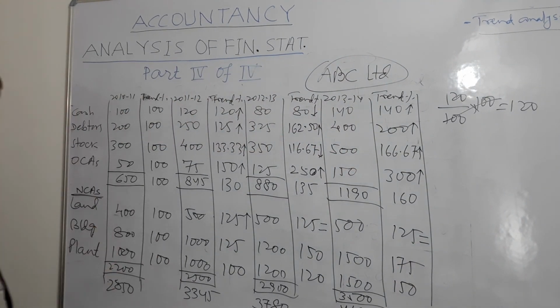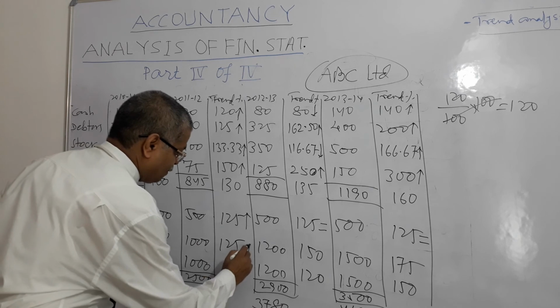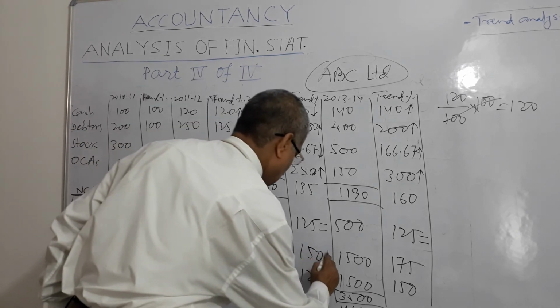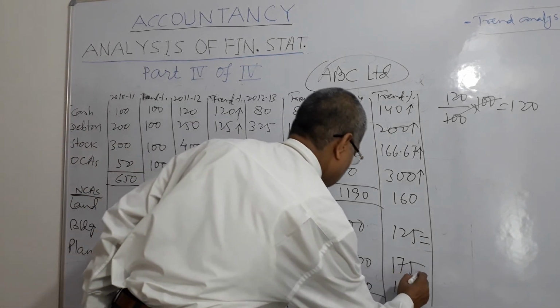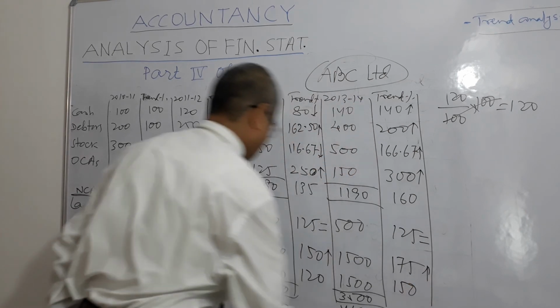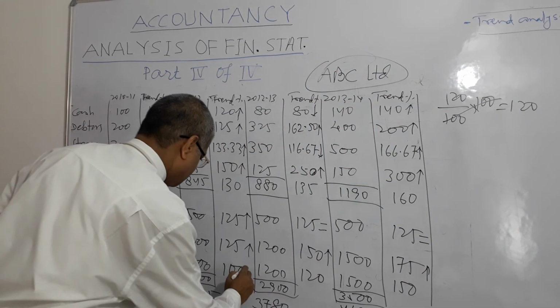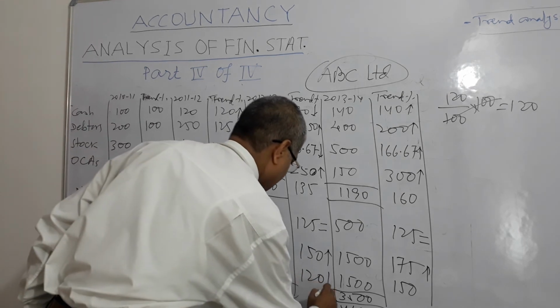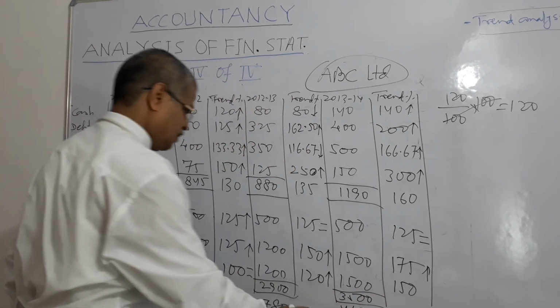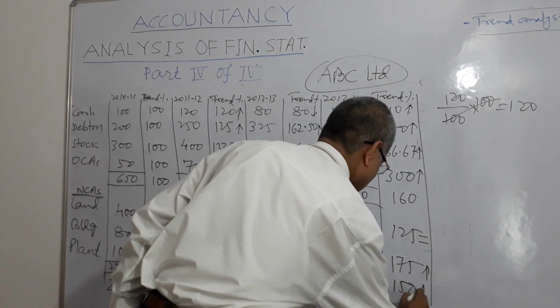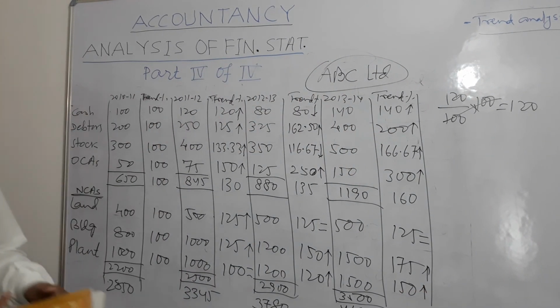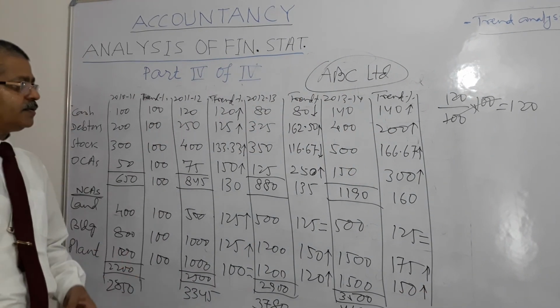In respect of building, it has gone up 125, gone up 125, gone up 175. In respect of plant, it has remained constant here, then it has gone up, and then once again it has gone up. So this is the way we need to analyze, right?